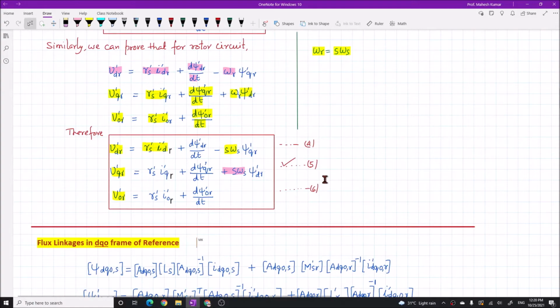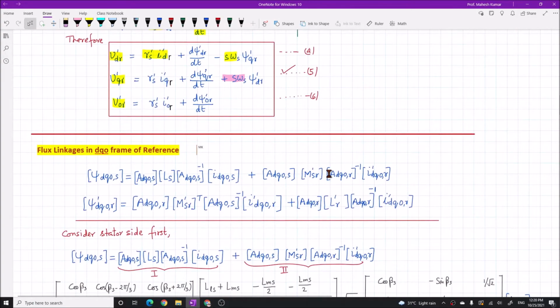Similarly, we have to find the flux linkages in the dq reference frame. So for flux linkages, we have to recall the original equation of abc, then transform into dq0 and then simplify the various matrices. So these are the matrices of flux linkages in dq0, and this we found in the previous class.